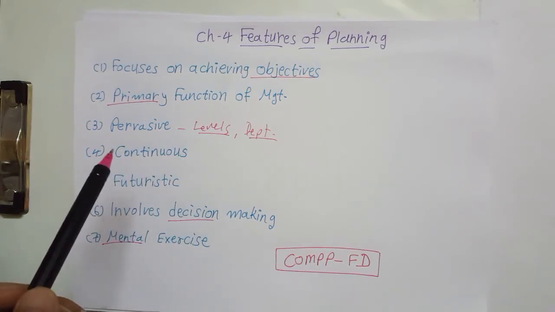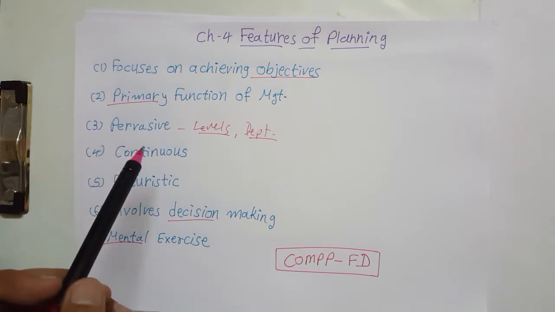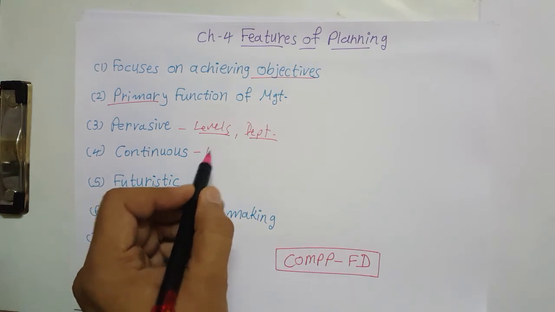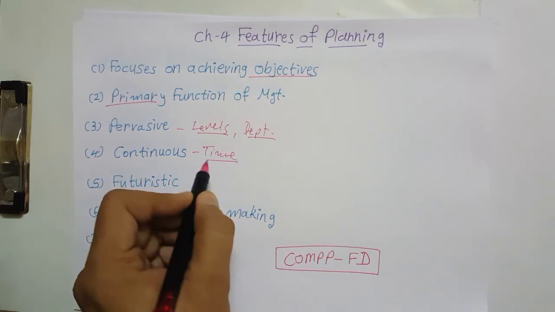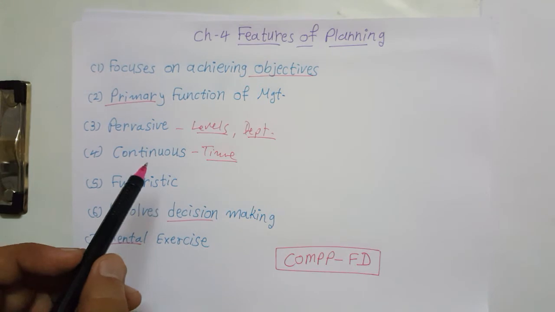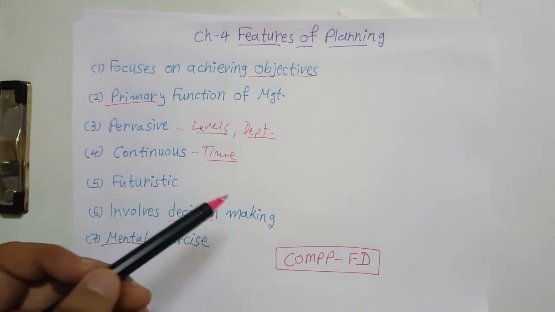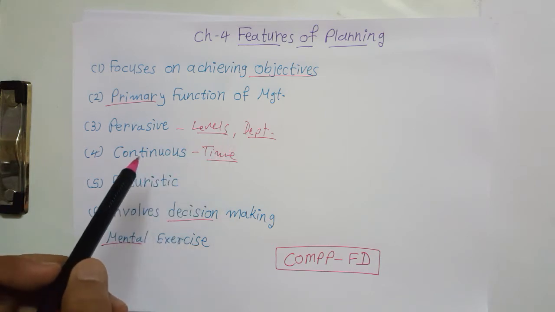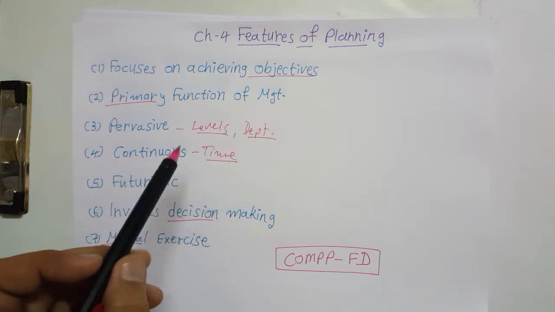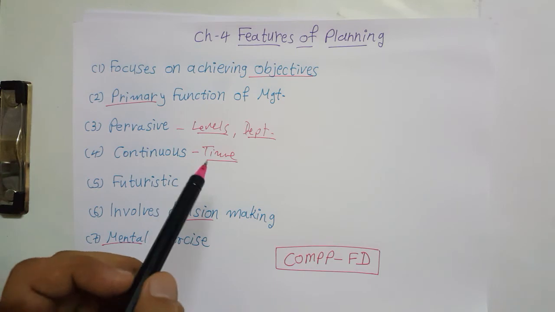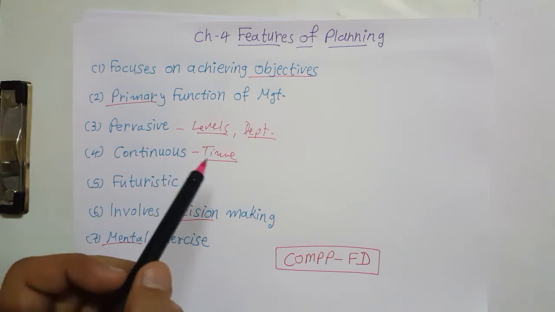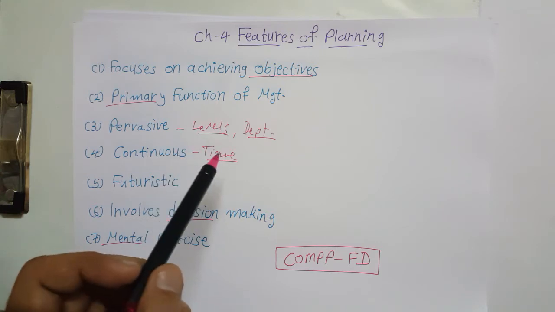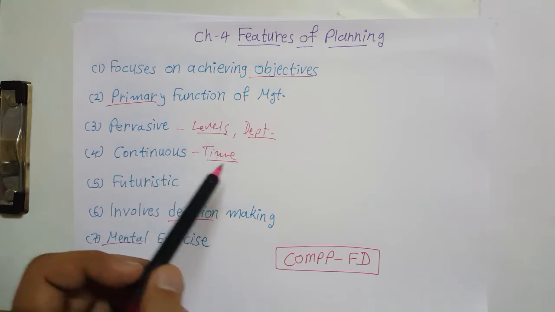Now the next one is that planning is a continuous activity. We know the word planning is already related with some time period. We are doing planning for 1 day, 1 week, 1 month, 1 year. As a student we are planning for 1 year or 1 exam. In business also we are doing planning, and planning is already related with time. It may be 1 month, 1 quarter or 1 year, but after completing that 1 month or 1 quarter, the work is not over. We need to do new planning for new timings.